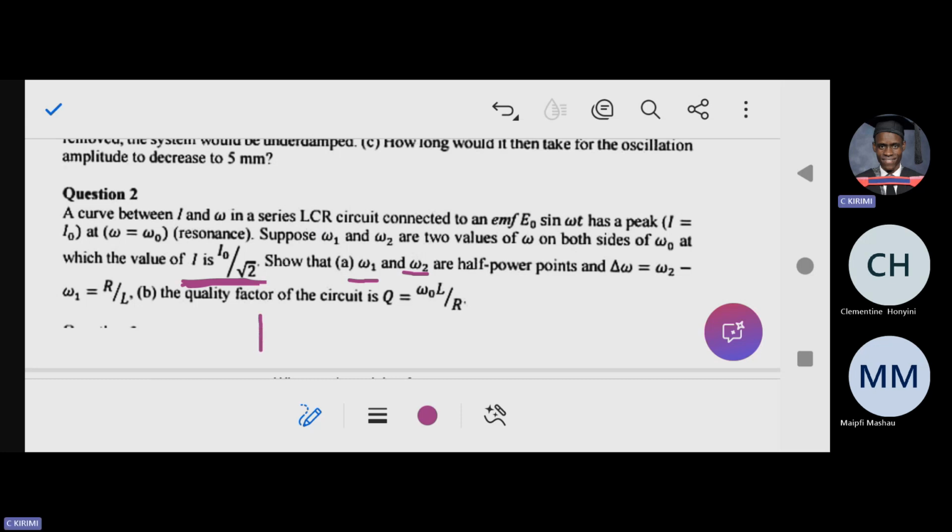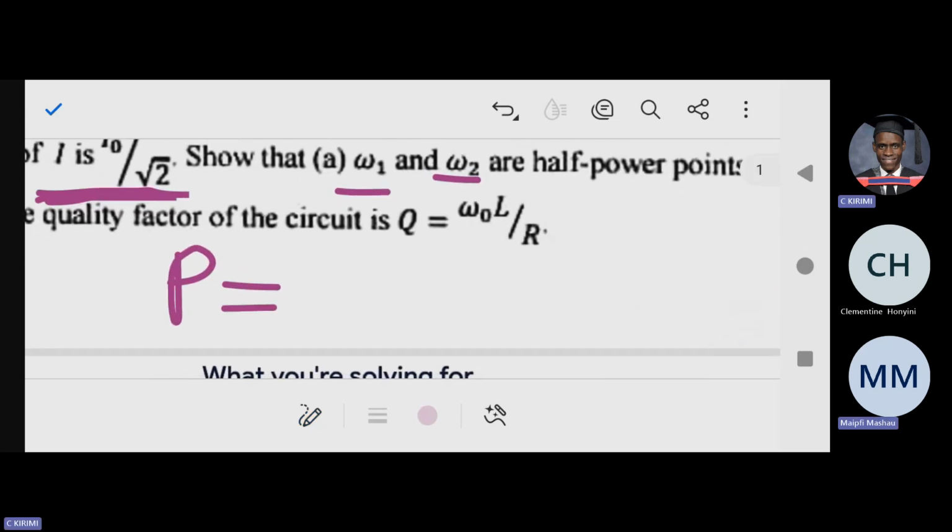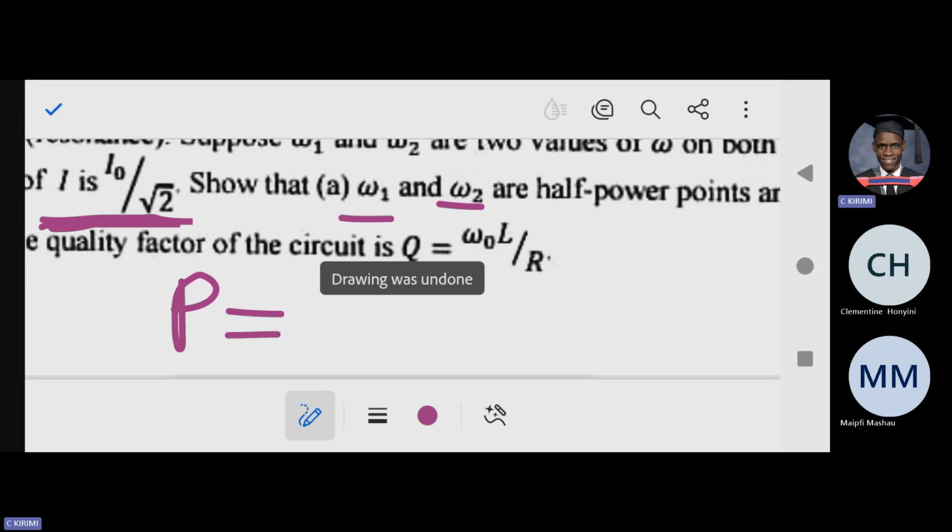So where I write my P, instead of saying I naught squared multiplied by R, which is the formula for P max, I'm going to say I naught over root of 2, and where am I getting it from?